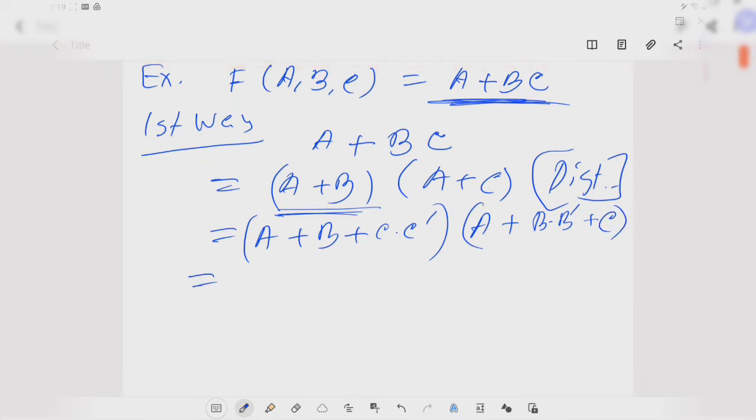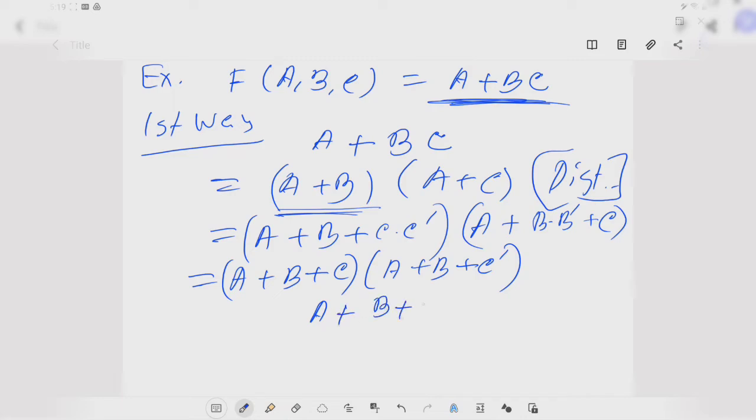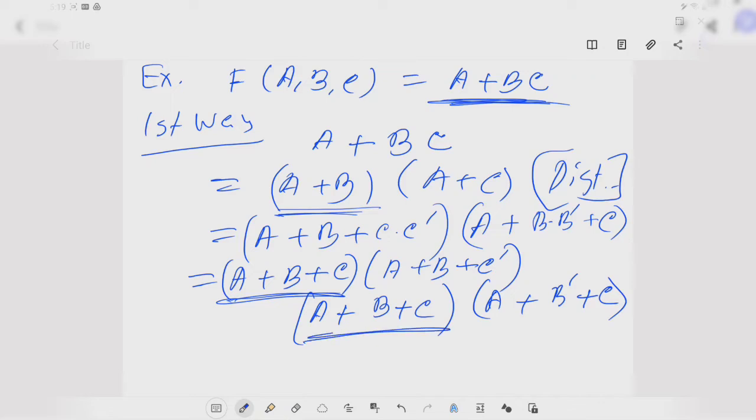Now we again apply the distributive principle, and after that it will be A plus B plus C times A plus B plus C prime, then A plus B plus C times A plus B prime plus C. So we got A plus B plus C twice.